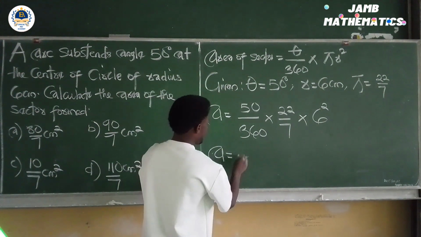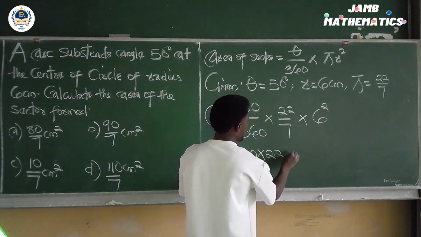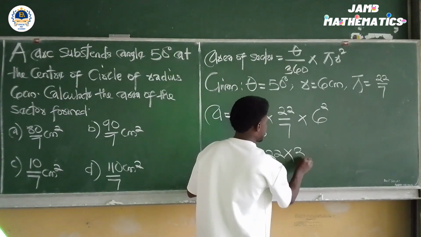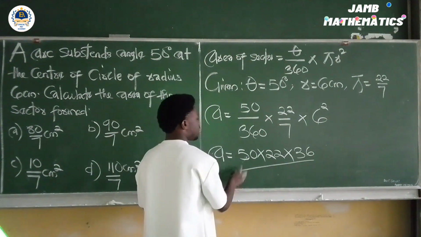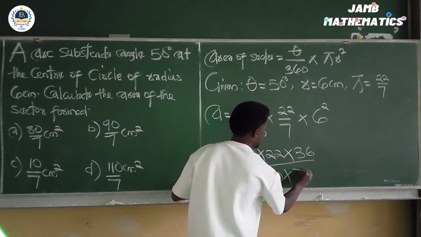Area of a sector A is equal to 50 times 22 times 6 square is 36, all divided by 360 times 7.